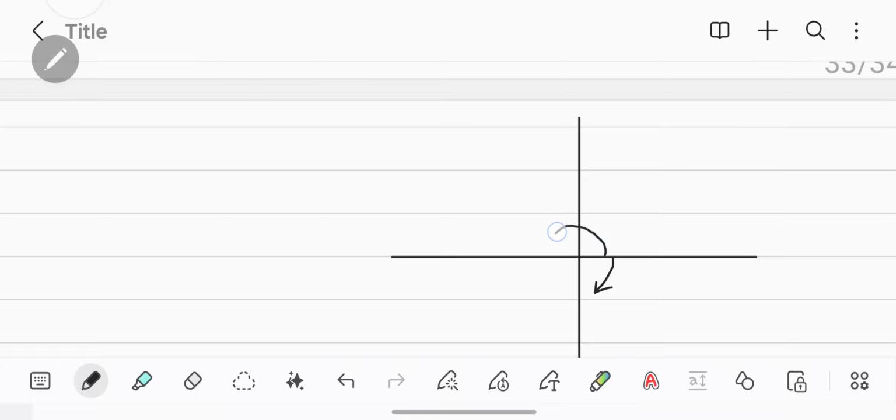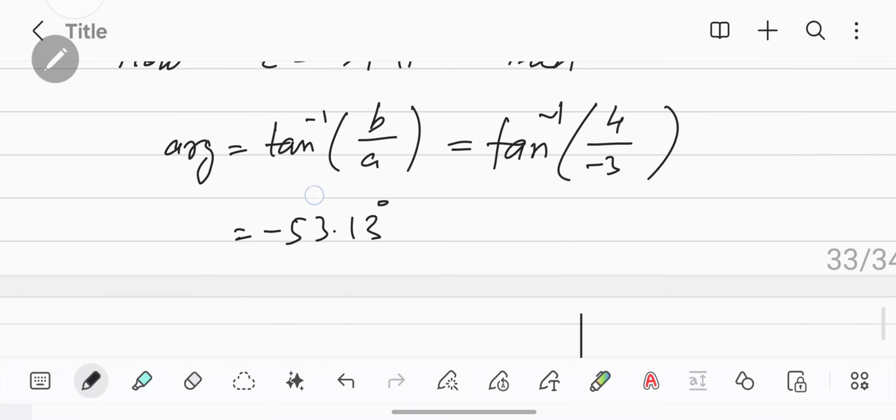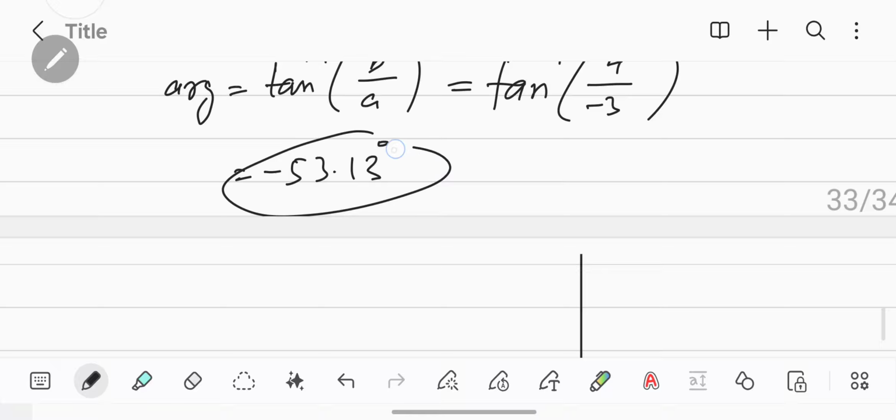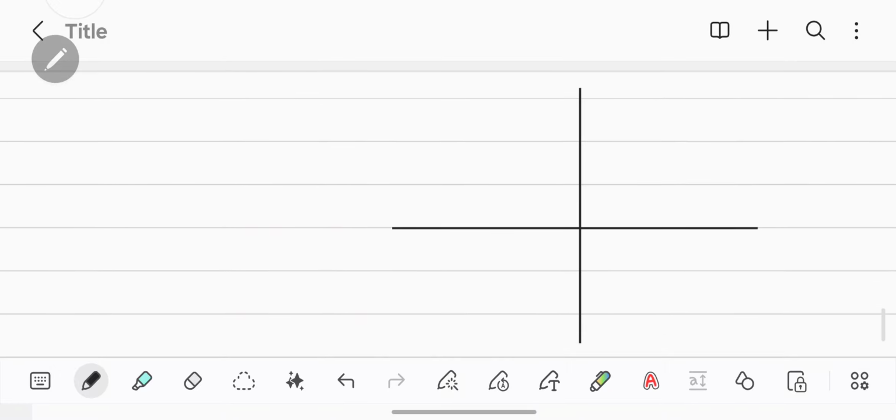Drawing angle from here to here is positive side, but drawing angle from here to here is negative side. But our angle is negative, so I will go from here to here. From here to here, I have negative 90 degrees, but I have to go less than negative 90. So I have to go from here to here, before 90. So I will stop somewhere here.